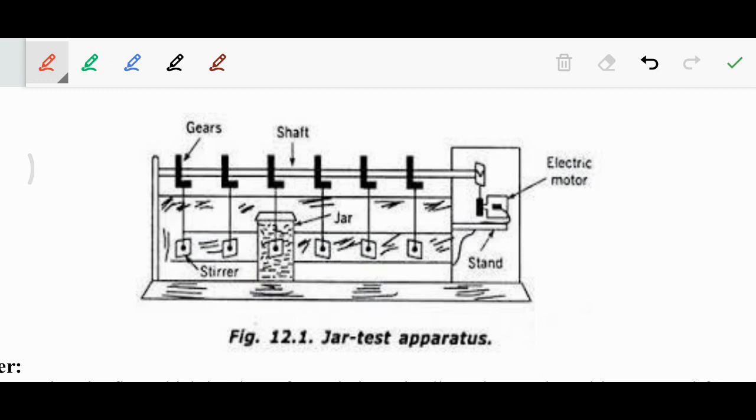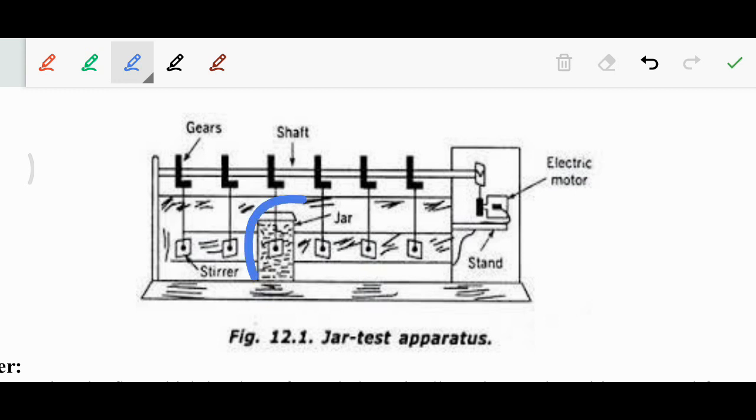Now, the dose of coagulant which gives the best flock. Obviously it will create some flocks in the beaker, some collection of solid substance. The dose of coagulant which gives the best flock is the optimum dose of coagulant.